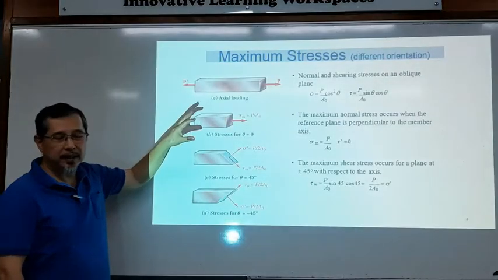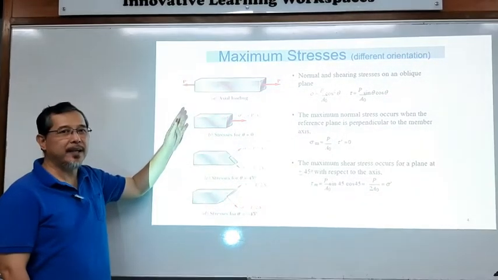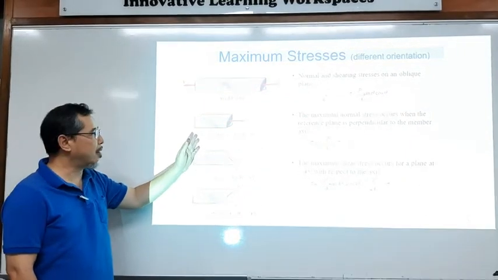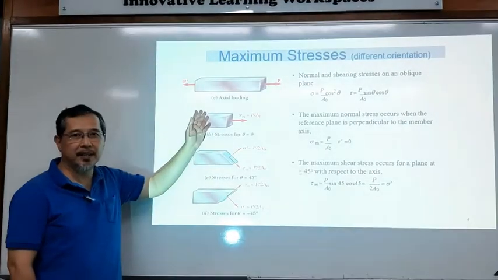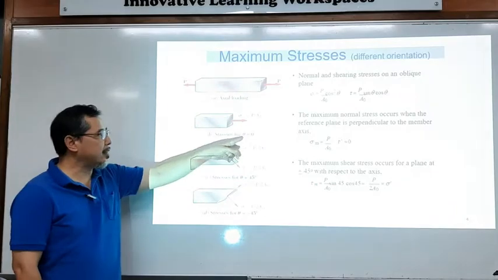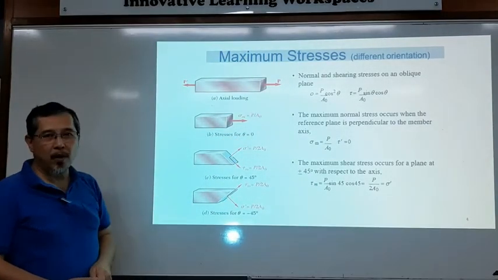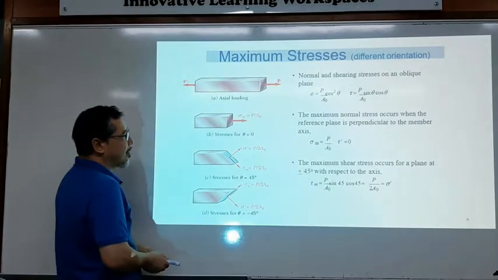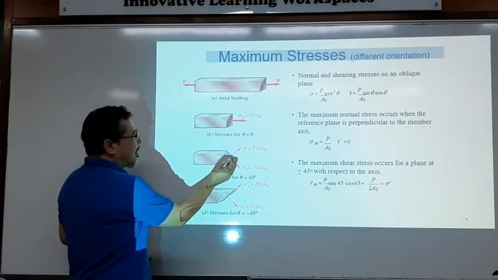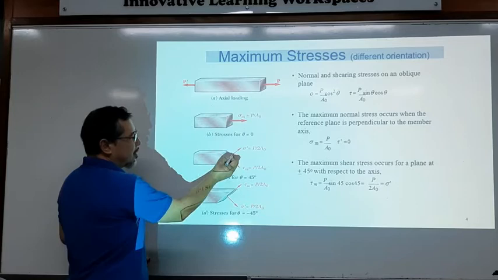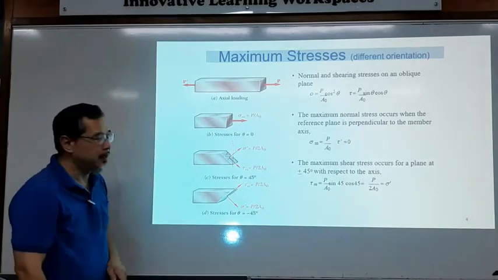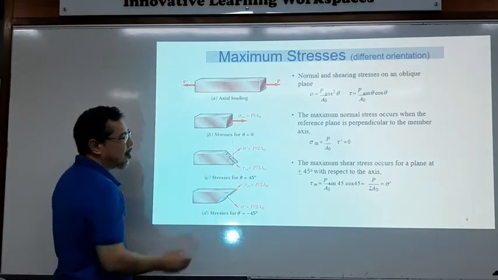But if we go further and look at various inclinations of the sectioning surface, if we take the sectioning surface at angle theta from the normal, if that is the normal direction, theta is that angle to the inclined surface.